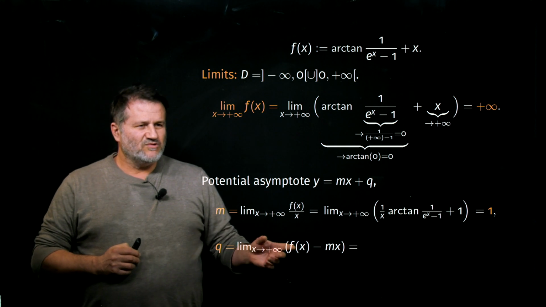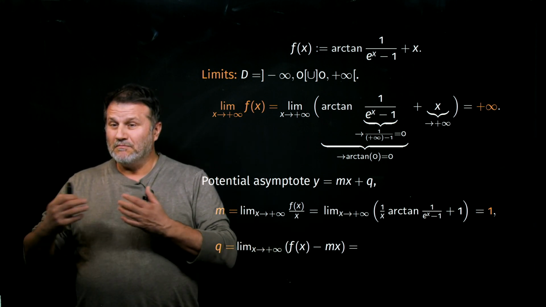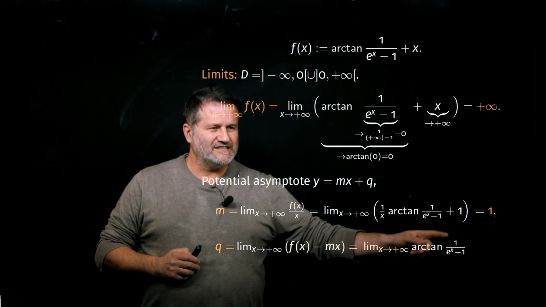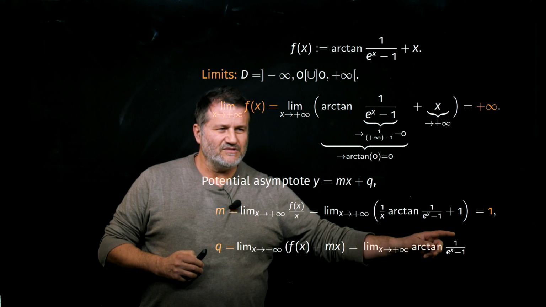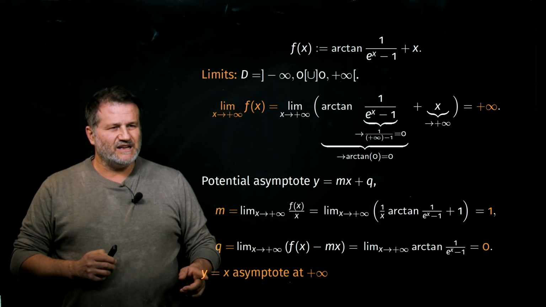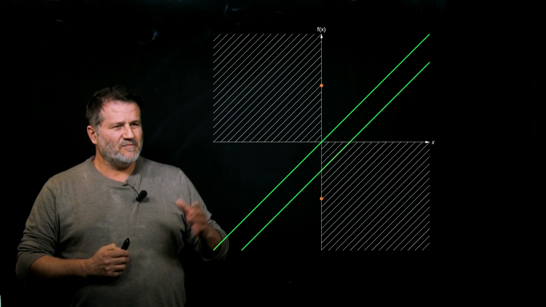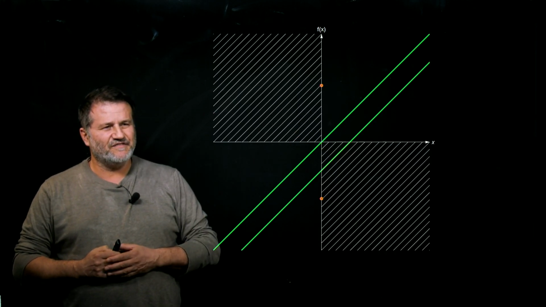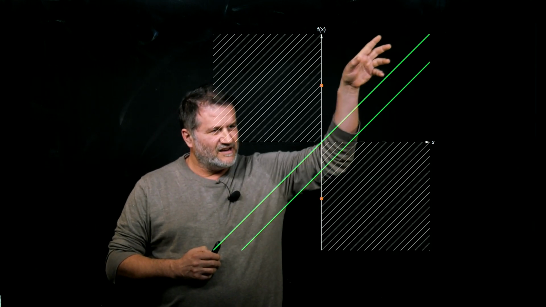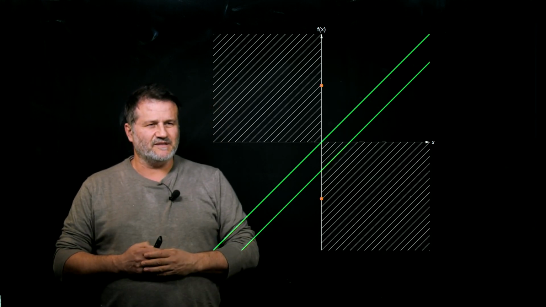For q, we do f of x minus mx, which is now f of x minus x, and we get again the limit of this arctangent, and since the argument now goes to 0, this goes to the arctangent of 0, which is 0. So this straight line is an asymptote at plus infinity. And we put this on our figure. This is the straight line, y equal x, that will look like the graph of the function at plus infinity.